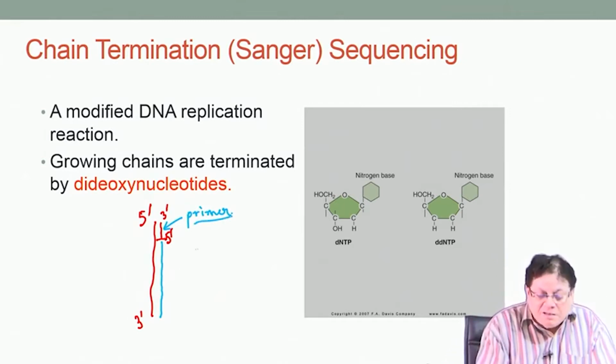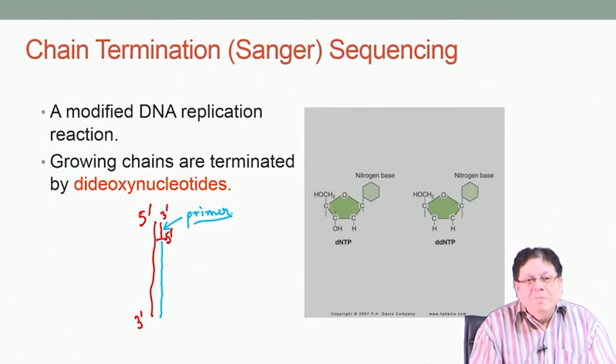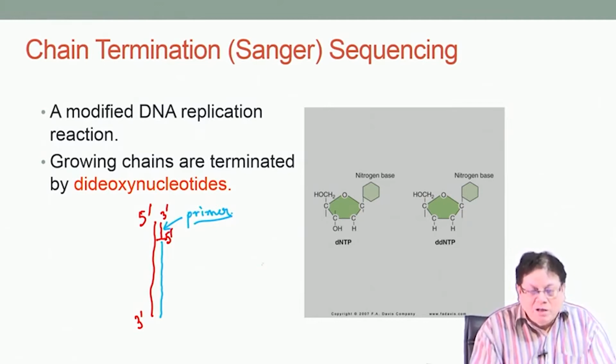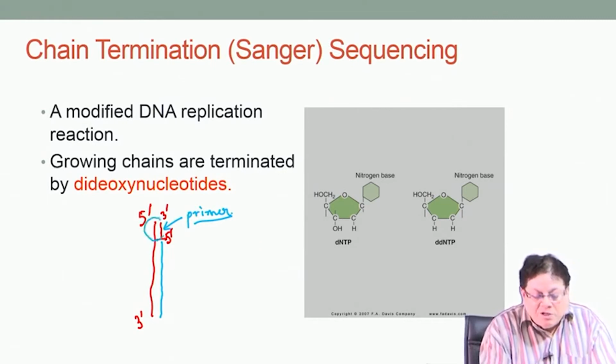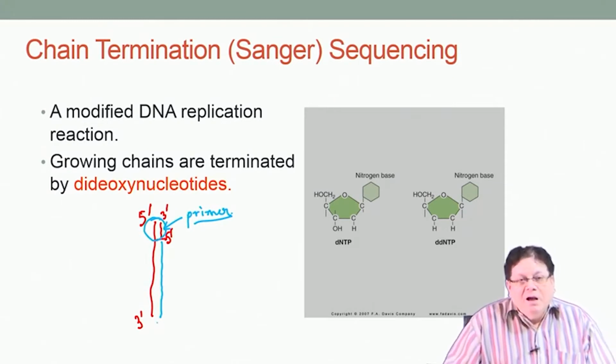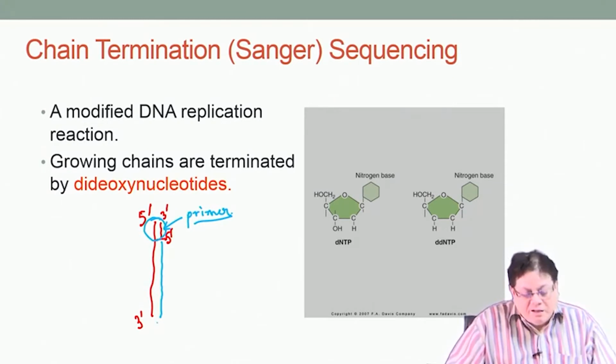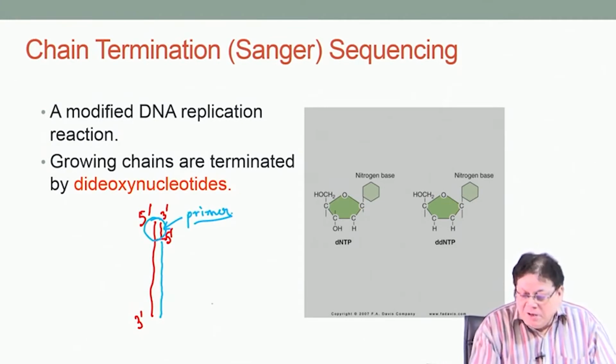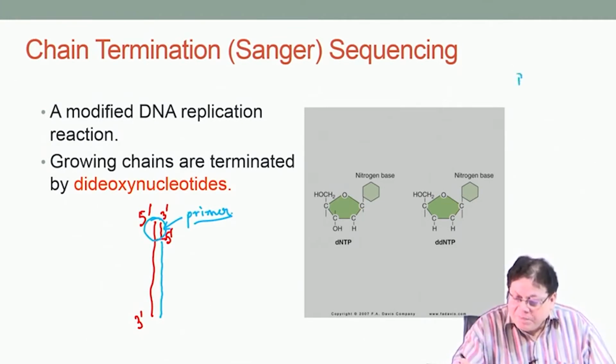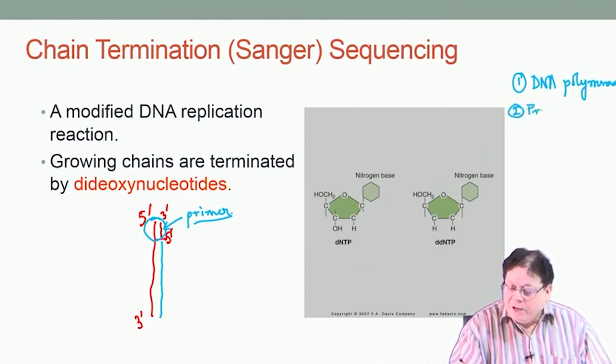Unless this primer is there, DNA polymerase cannot work. So, there must be a small segment of double stranded DNA, and then the remaining part can be joined together one after another by the DNA polymerase. So, in Sanger's method, first what you need is DNA polymerase, and along with DNA polymerase you also need a primer.